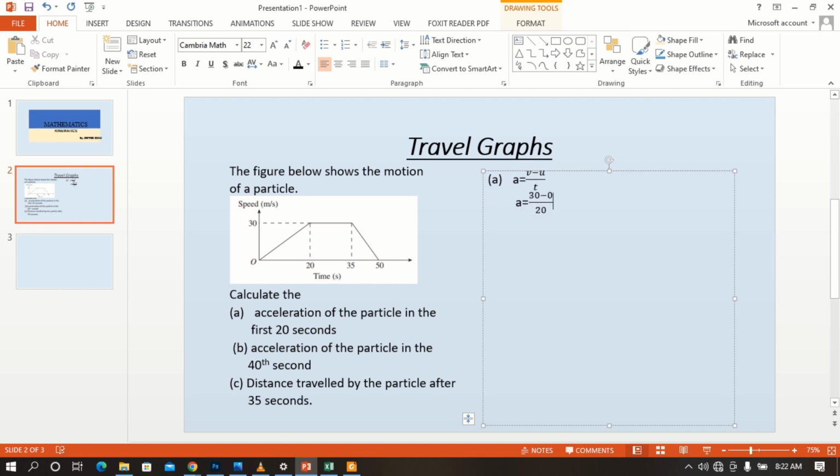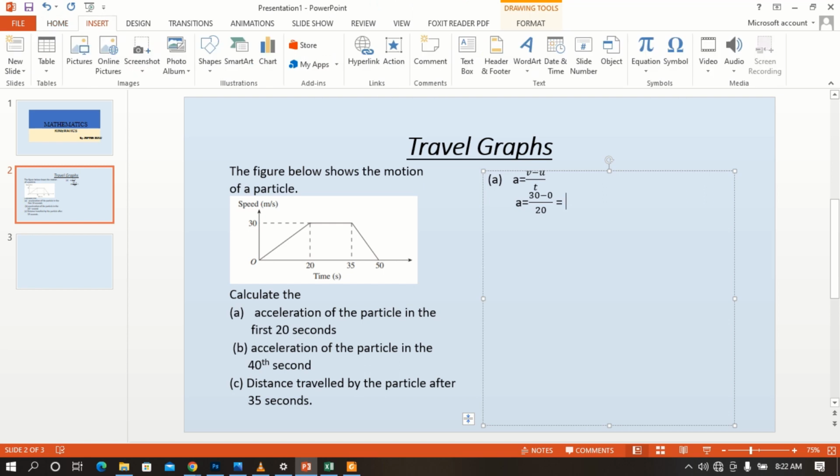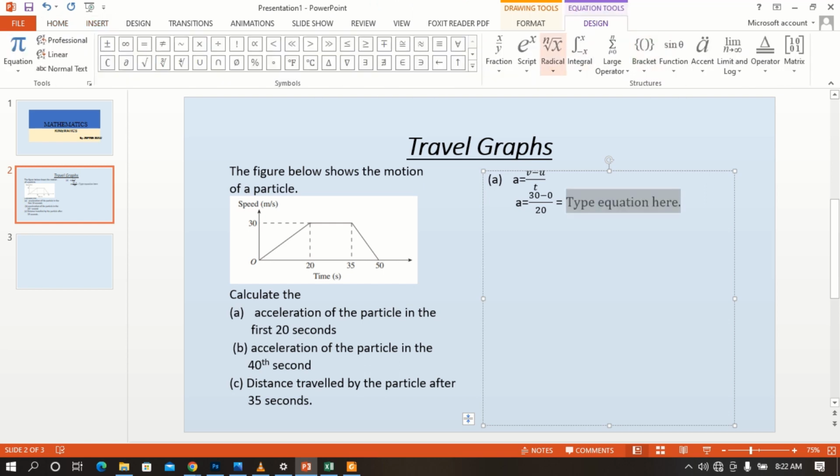Why is it 0? Because the object started moving from rest, so the initial speed is 0. 30 minus 0 gives 30. Divided by 20, that gives us 1.5. So this will be 1.5 meters per second squared.